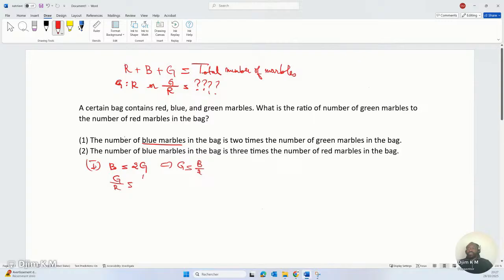So this could be B divided by 2 over R, which is equal to B divided by 2R. Okay, so still not sufficient. We don't know the value of B. We don't know the value of R. So the first condition alone is not sufficient.